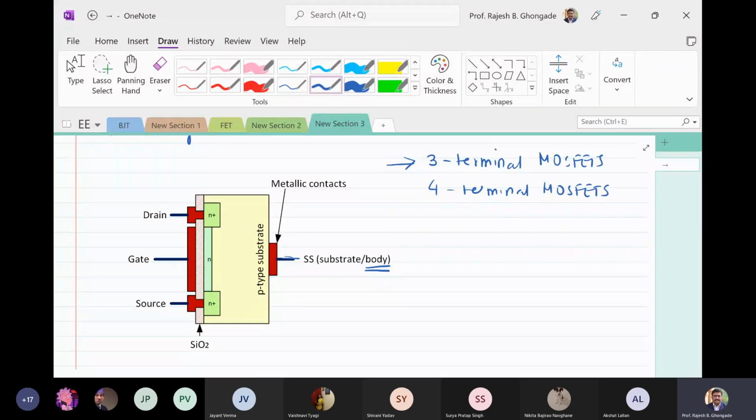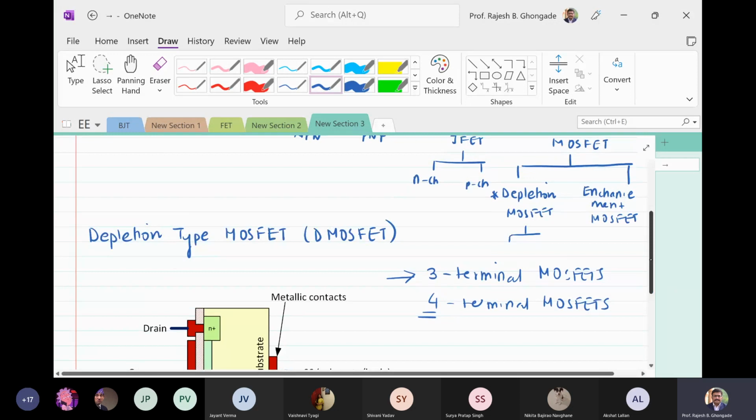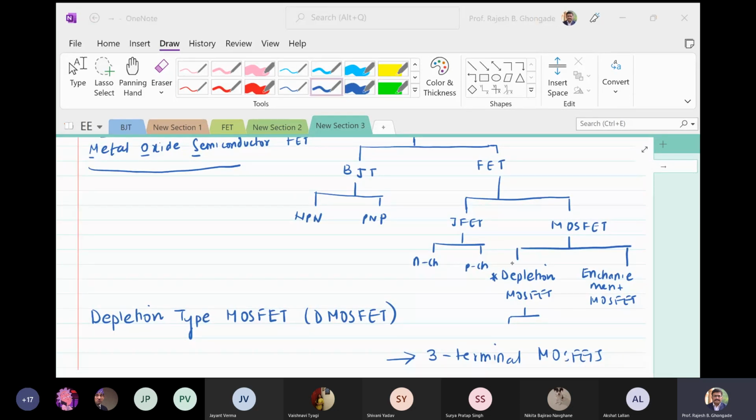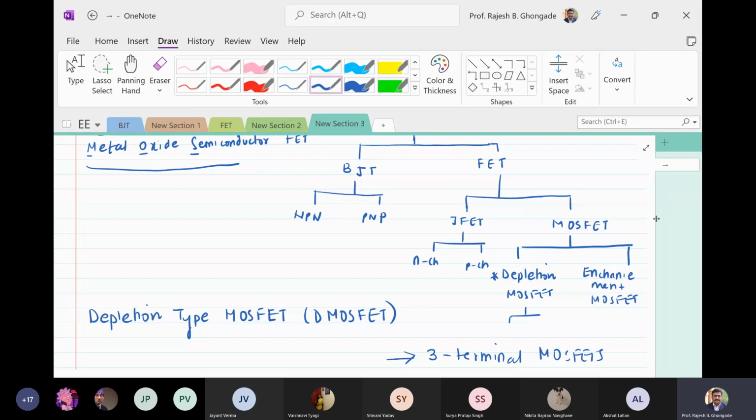So in most of the discrete devices, you get these 4-terminal variants. Okay. So this MOSFET is a discrete device or integrated device? It can also be integrated. See, all the transistors that we have seen, bipolar, they can be either discrete or they can also be integrated. Both. Yes, sir. Okay.